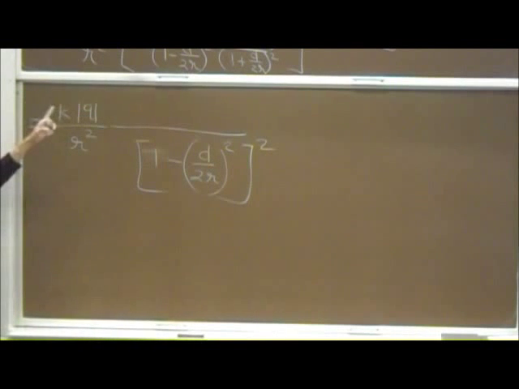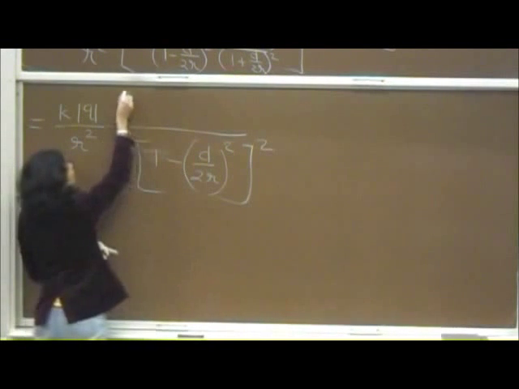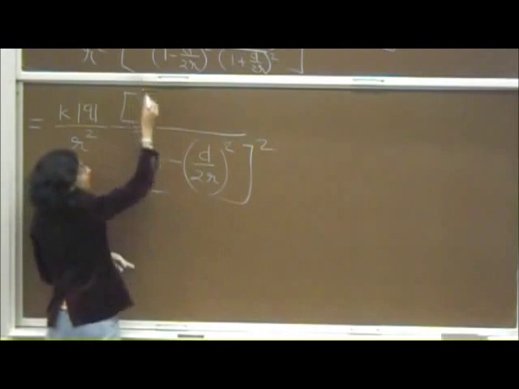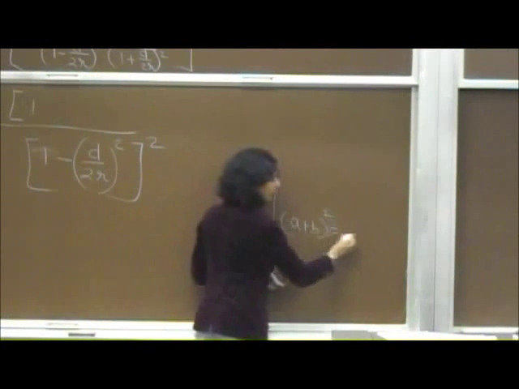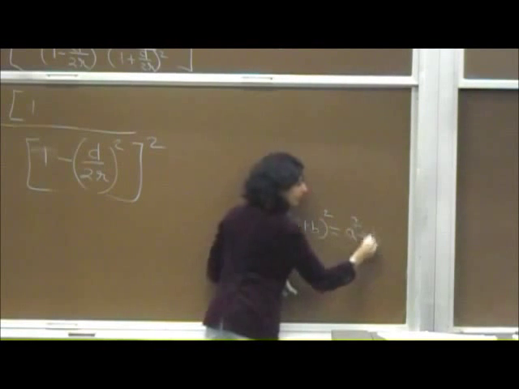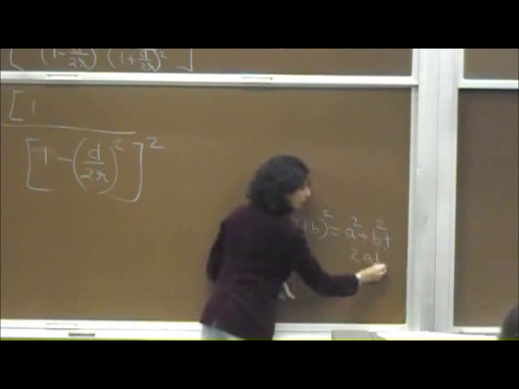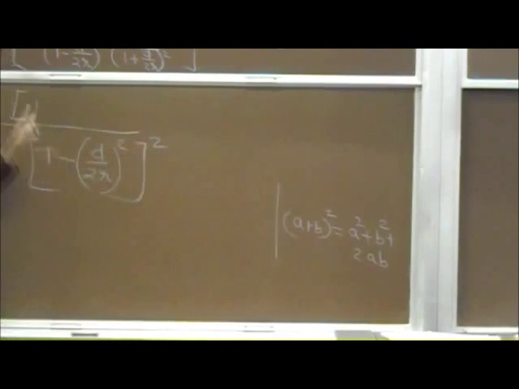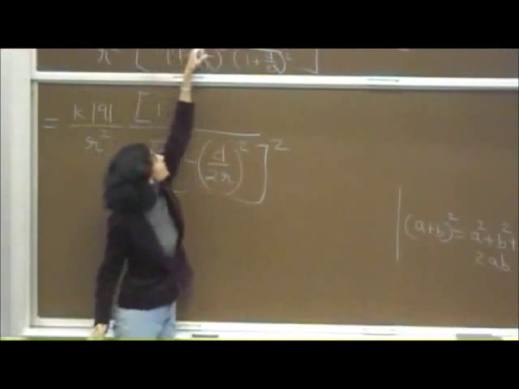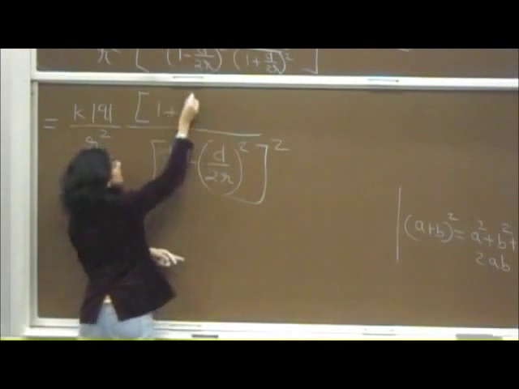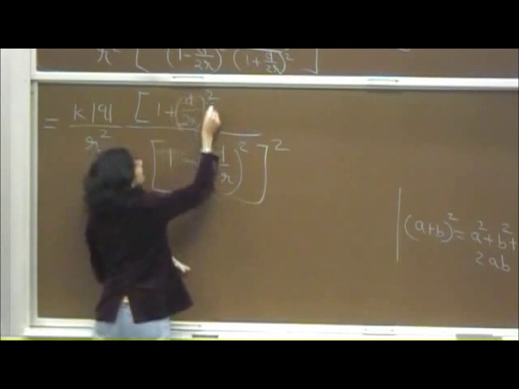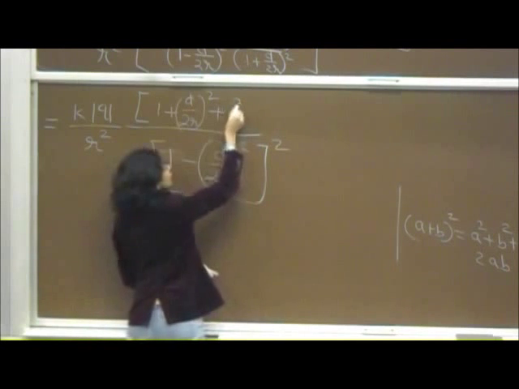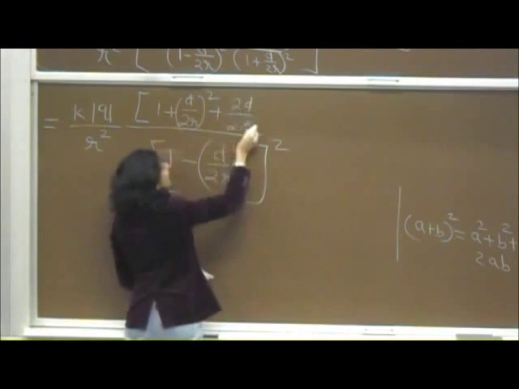How do I find that? Let's work the numerator out. So in the numerator we have, what is this thing folks? A plus B squared is A square plus B square plus 2AB. Right? So let's work this out. A plus B squared would be 1 plus (D over 2R) squared plus 2 times D over 2R.